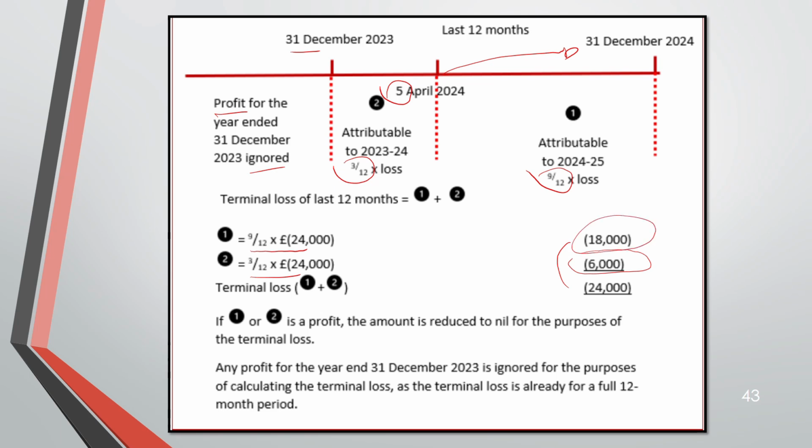If either of these, for the terminal loss, is a profit, the amount is reduced to nil for the purpose of terminal loss. Any profit is ignored for the purpose of calculating terminal loss, as the terminal loss is already for a full 12-month period.